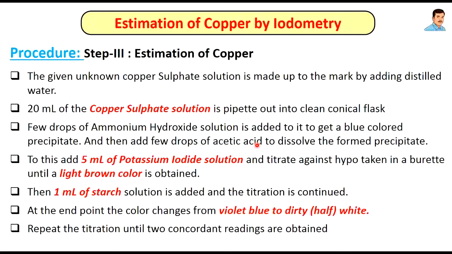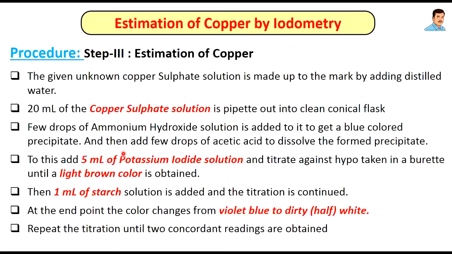We have to add acetic acid until the blue colored precipitate is completely dissolved. When it is dissolved, now the solution is in neutral medium. We have to add ammonium hydroxide solution followed by acetic acid solution to make the given copper sulfate solution neutral. Now it is in neutral medium, copper sulfate solution.